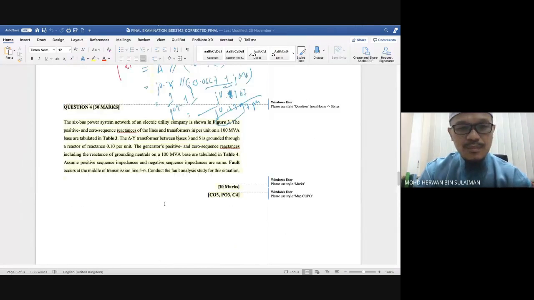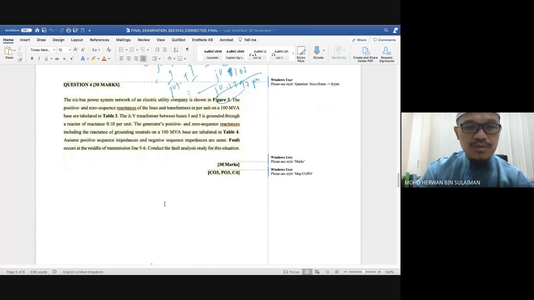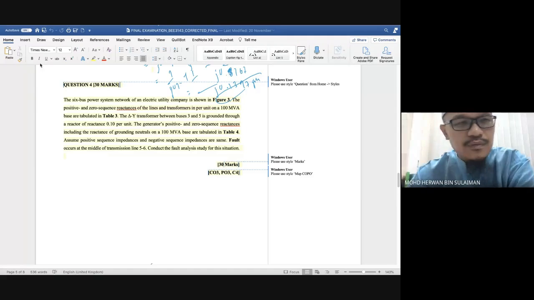Okay, 6 bus power system network electricity company shown in figure 3. The positive and zero sequence reactance of line transformer per unit, 100 MVA base, are tabulated in table 3. Data Y transformer between 3 and 5 is grounded through a reactor of reactance 0.1 per unit.